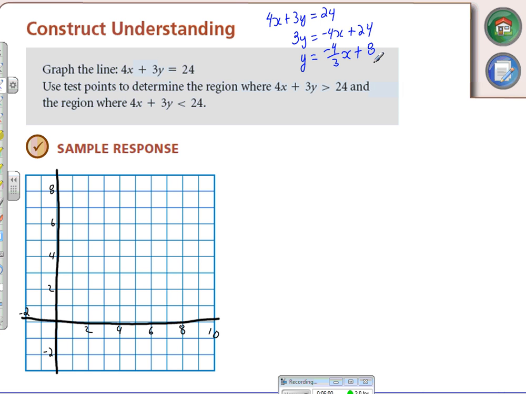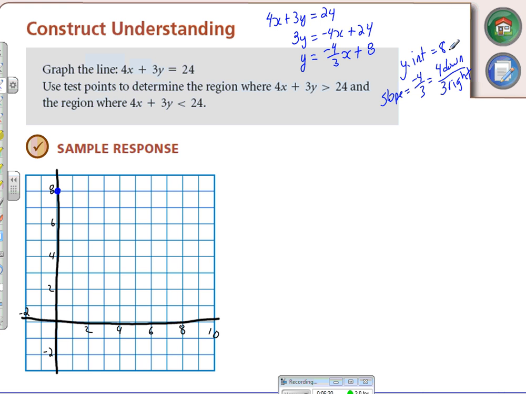Okay, so my y-intercept is at 8. Y-intercept is 8. And my slope is equal to negative 4 over 3. And that means 4 down and 3 right.